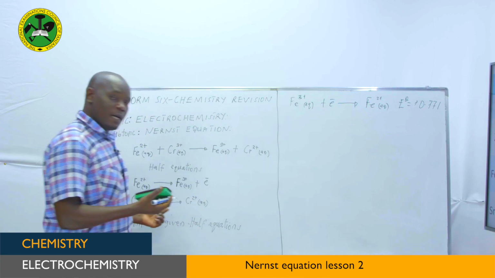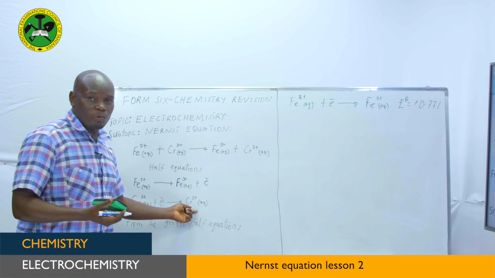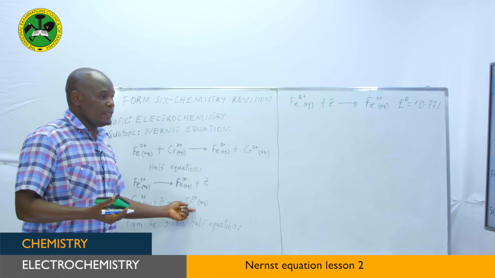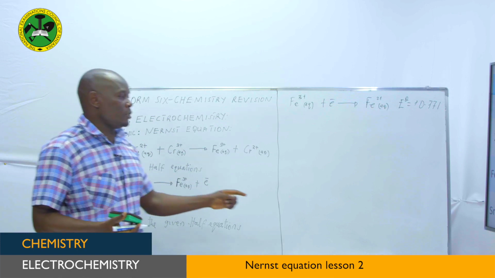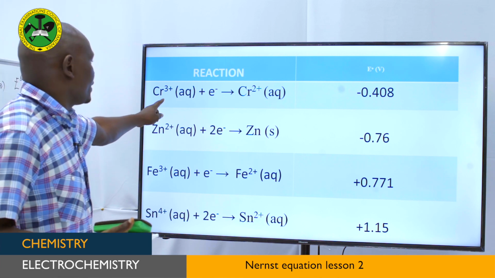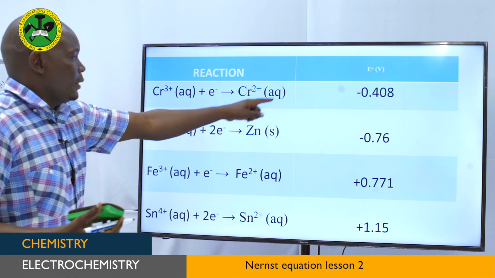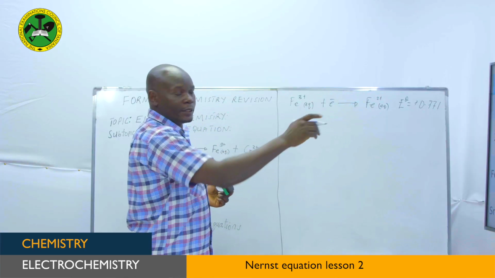Our second half equation is chromium 3 to chromium 2. Let us compare it with our half cell reduction equation for chromium. Here we have been given chromium 3 to chromium 2, and its standard electrode potential is negative 0.408.